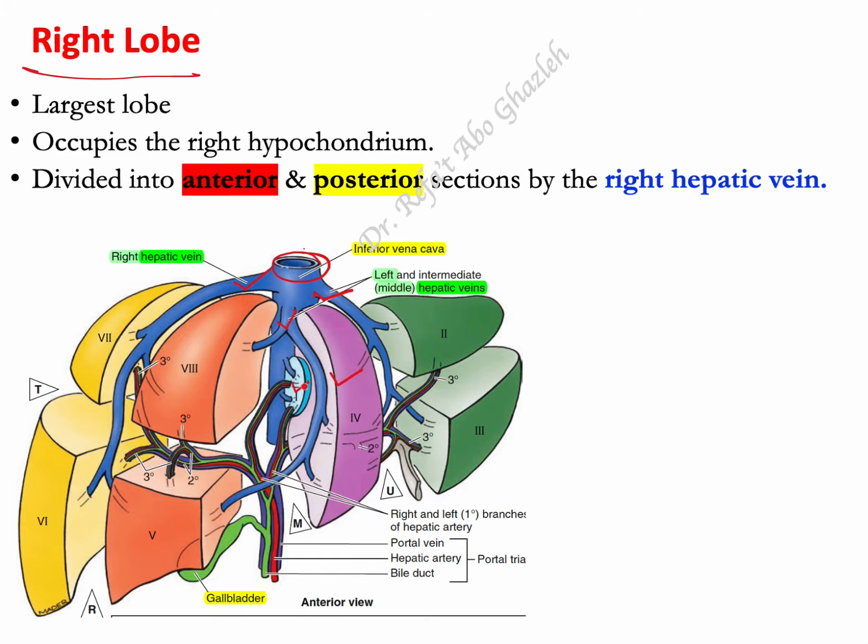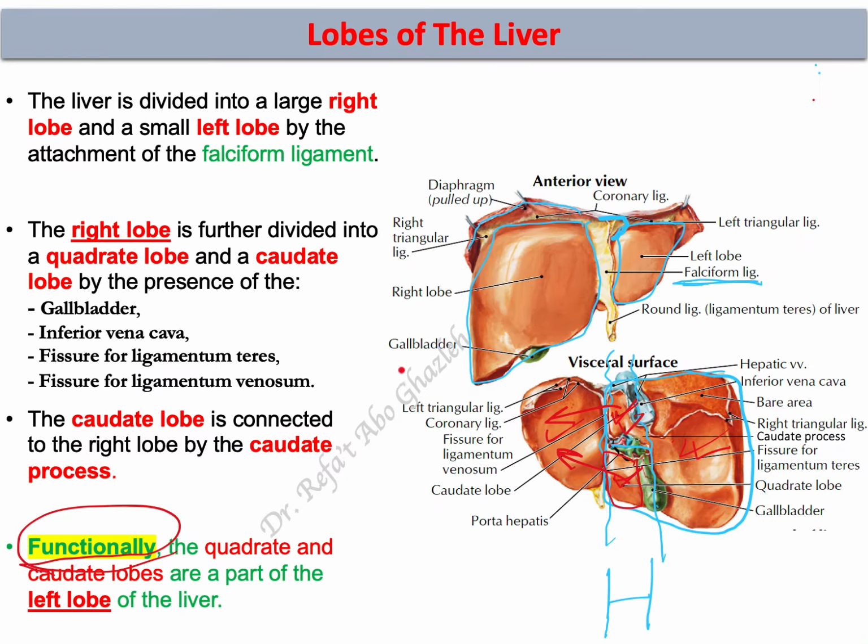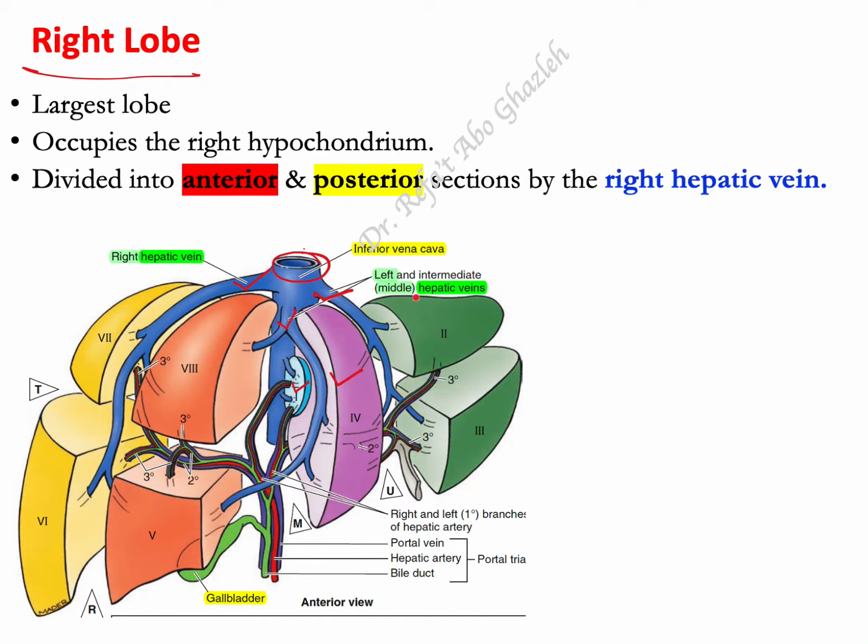I'm not going to talk about caudate and the quadrate because, as I mentioned, functionally this is the right lobe and this is the left lobe, because we consider the caudate lobe and the quadrate lobe parts of the left lobe. So let us talk about this one functionally.